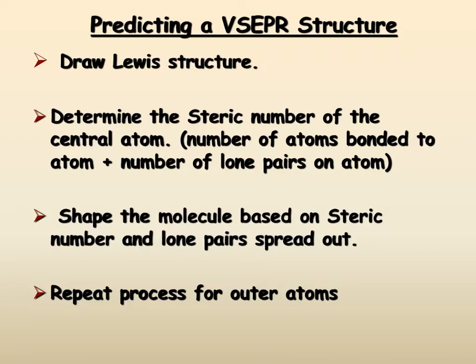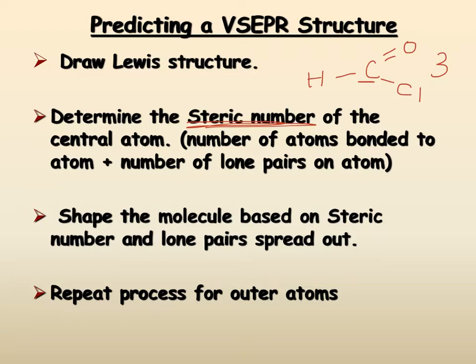So, to predict a VSEPR structure, start by drawing your Lewis structure. You need to know what bonds you have, what lone pairs you have, because that information helps you find your steric number. Okay, so for example, this compound, if you are worrying about the central atom being our carbon, that carbon has a steric number of 3.